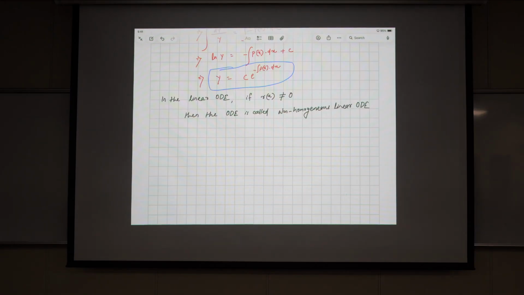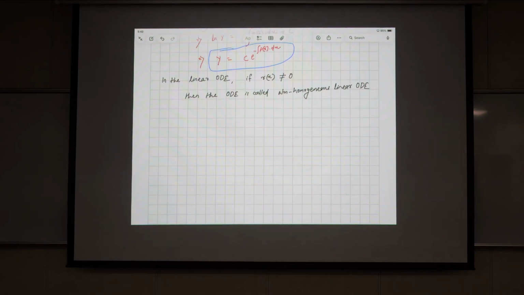Non-homogeneous linear ODE. That means which one? This one, y dash plus p(x) y is equal to r(x), and r(x) is not equal to 0.